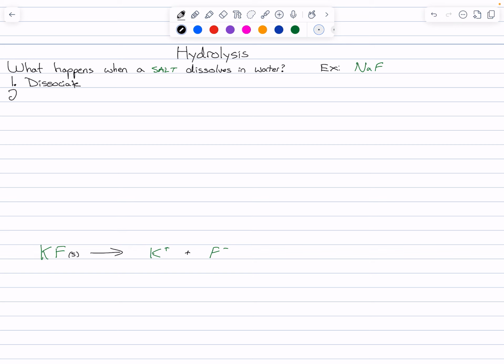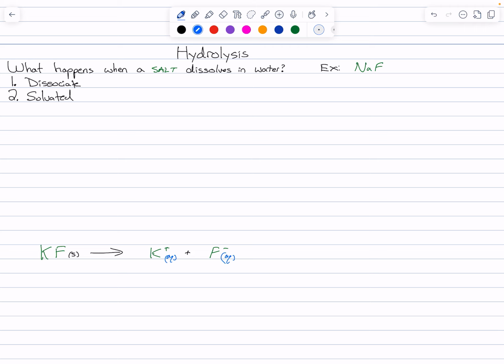The second thing that would happen is it has to be solvated. All right? Okay. What does that mean? That means we get the aq here.